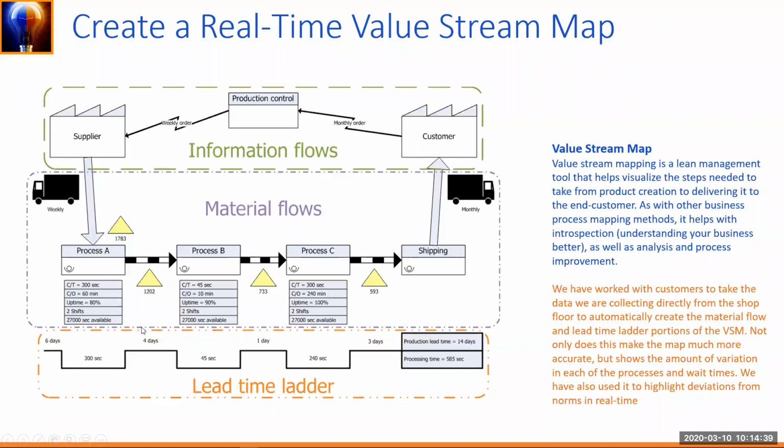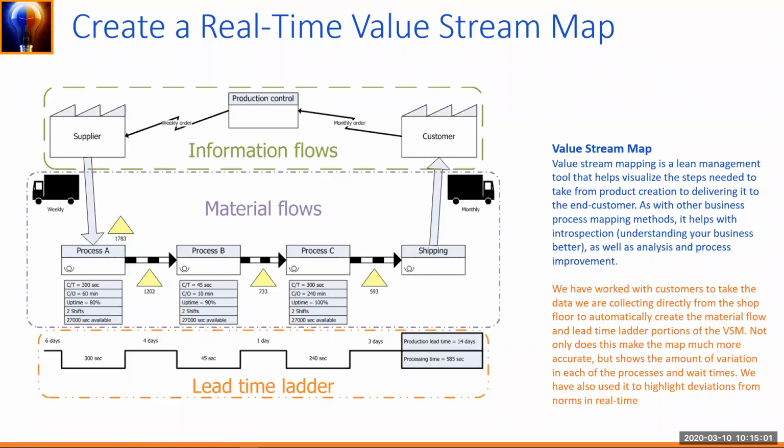And furthermore, we can keep this up to date and accurate, but we can also start to alert based on this. So if we're expecting to take one day between processes and we have seen this work order sit idle longer than that, we can send an alert to somebody to say that this work order needs attention.